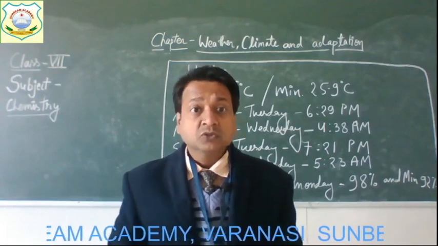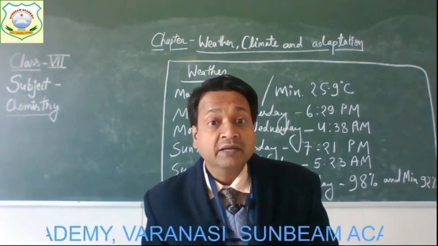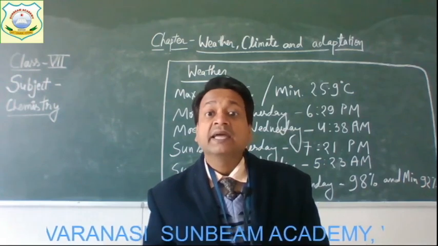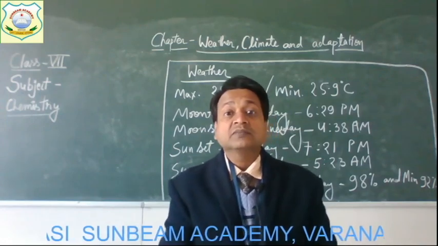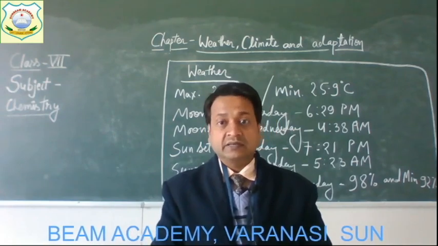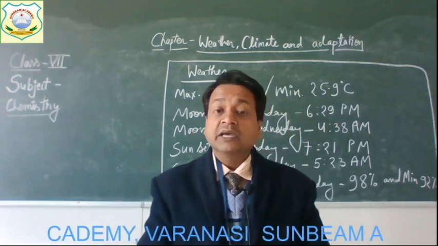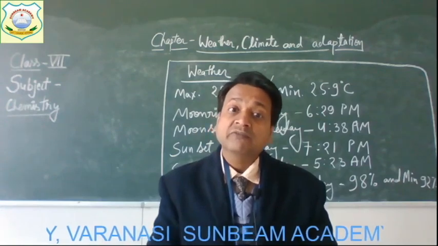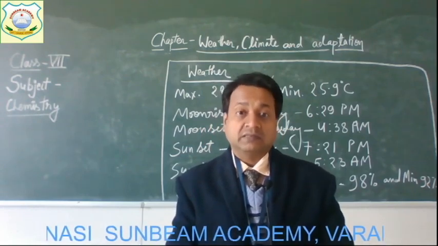So children, what does this information provide us? It provides information on various parameters, like temperature and humidity. Humidity is the measure of the amount of moisture in the air. Such information gives us temperature, humidity, clouds, rainfall, and the times of sunrise and sunset with reference to a region.